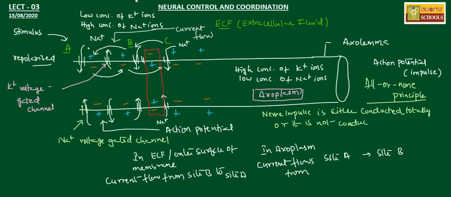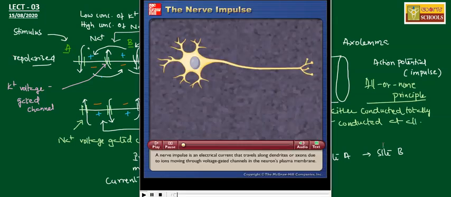So that's what we call the all or none principle. Now here I'll show you an animation of how the transmission of nerve impulse takes place.